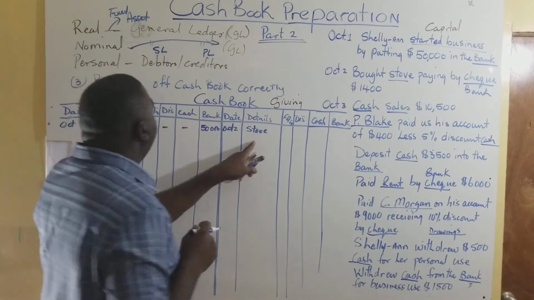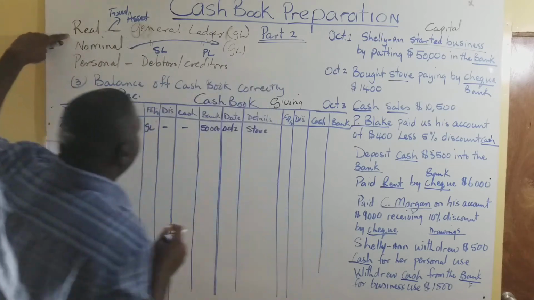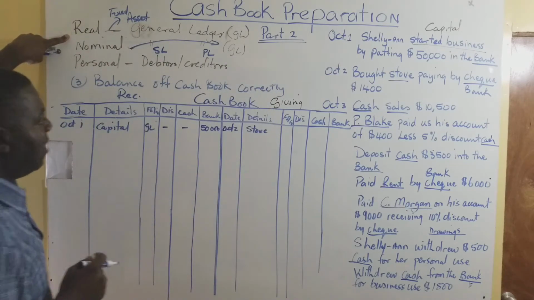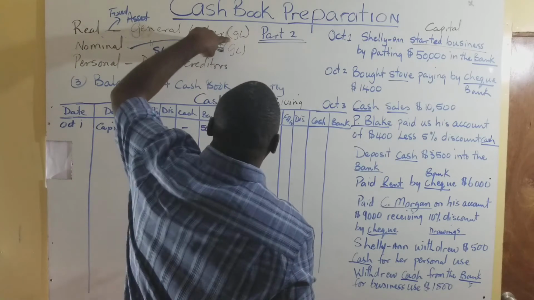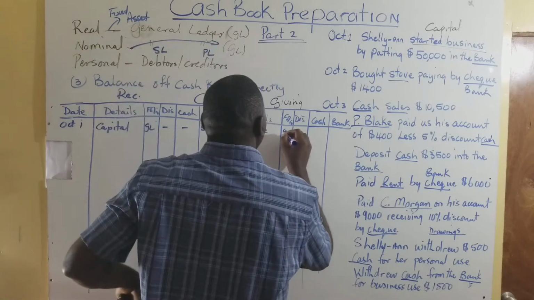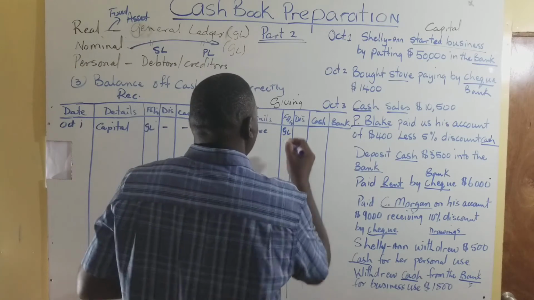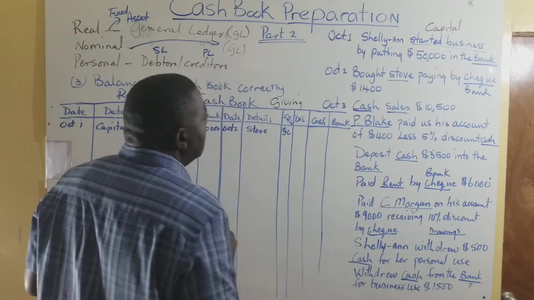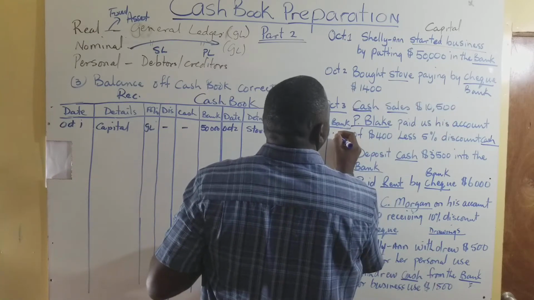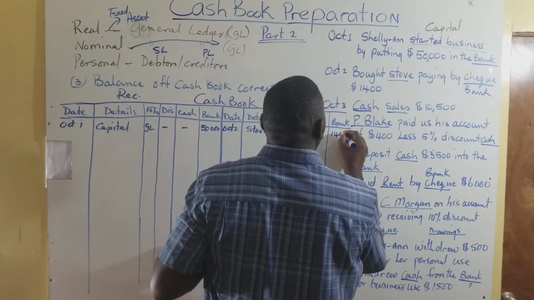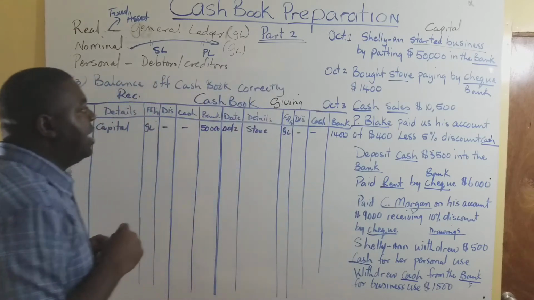So stove would fall under the category of what? Real account. And real account is open in which ledger? The general ledger. So we'll have GL. The amount of money, it is by check. So we're going to put the money here, which is 1,400. Let us move on quickly.